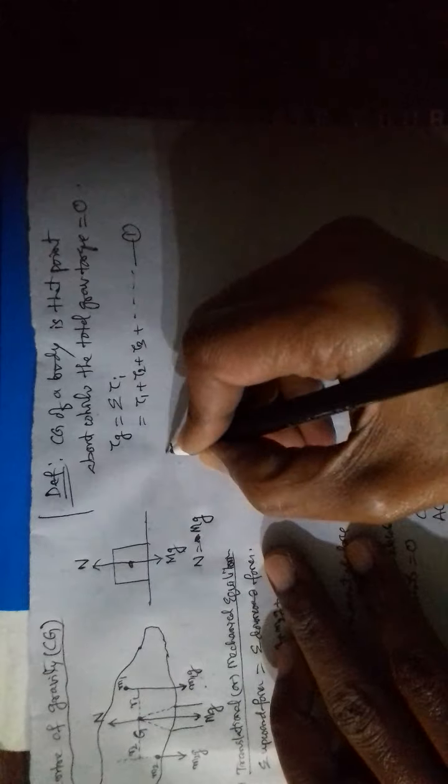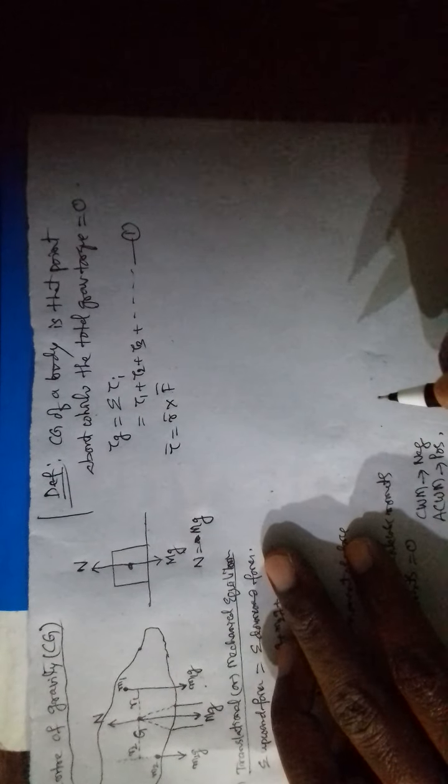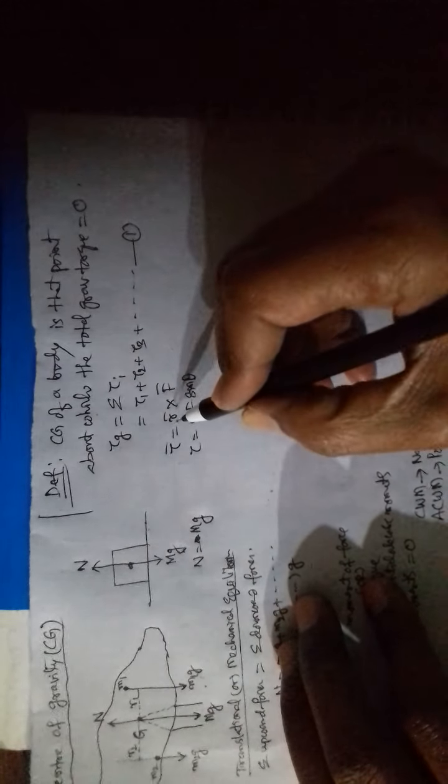But how is torque defined? Torque is defined as r cross F, or its magnitude is rF sin theta, where theta is the angle between r and F. Here gravitational force is vertically downward, and r is the perpendicular distance from G to this force. That means the angle between r1 and m1g is 90 degrees.